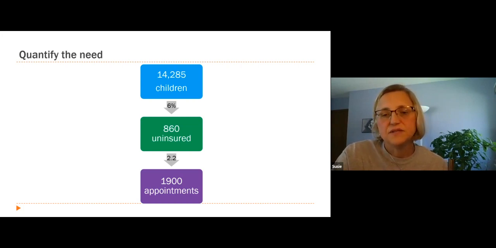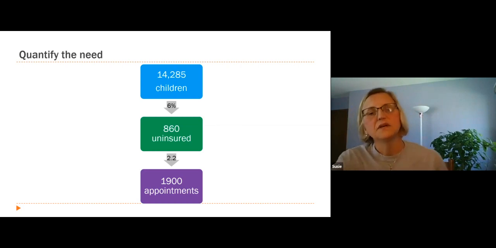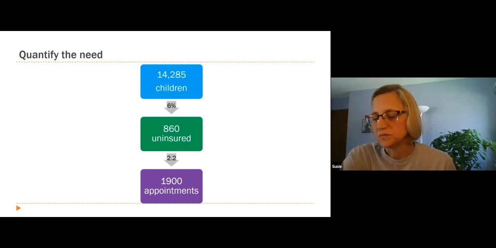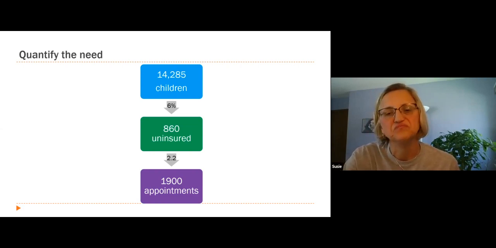They're not able to access it because of the things I talked about before. They don't understand the healthcare system. They have transportation issues. They have language issues. Perhaps it's a family that just can't quite get it together to have the children receive routine or even acute care. And patients average about 2.2 appointments, which is consistent with other outpatient pediatric clinics.